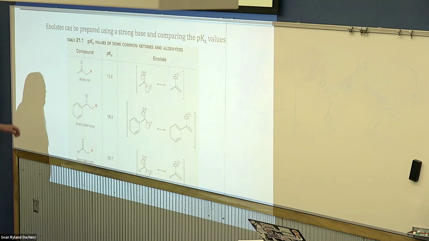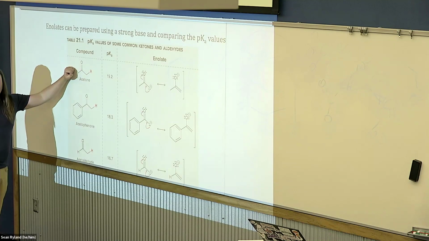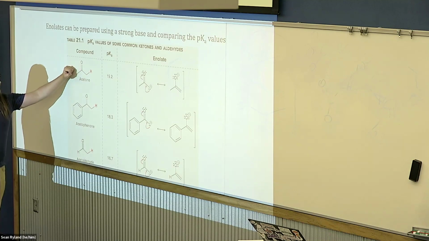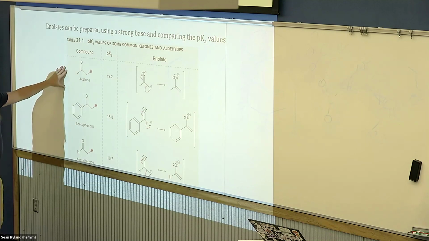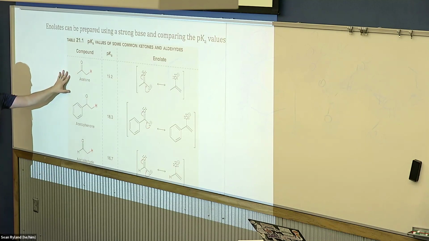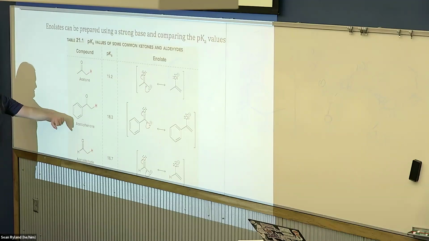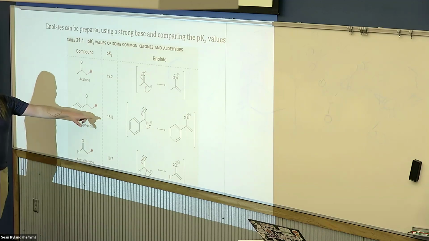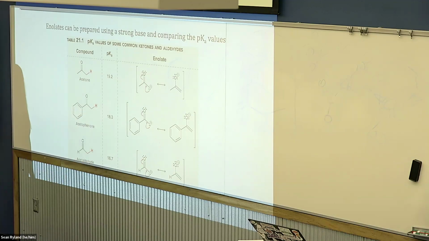Acetone is not that acidic, though it's a lot more acidic than normal carbon-hydrogen bonds, but it doesn't have much in the way of resonance to stabilize it, just that one resonance structure. Acetophenone is almost 10 times more acidic, a whole pH unit more acidic.